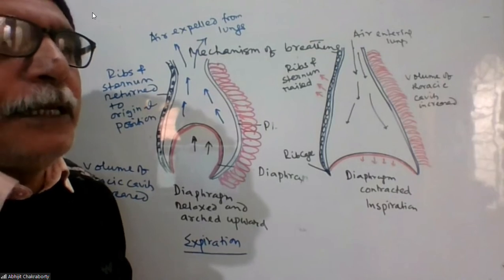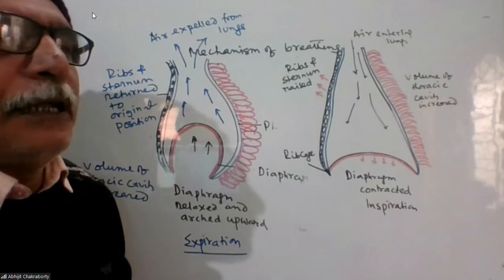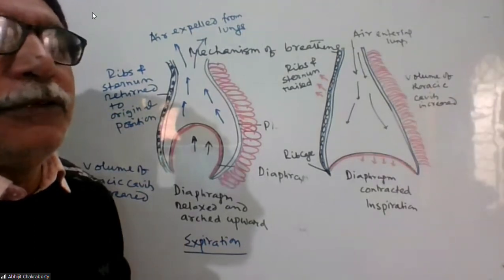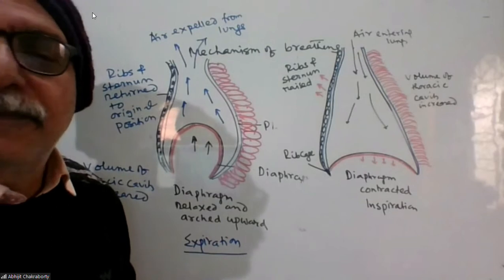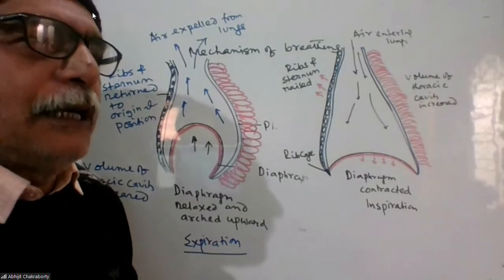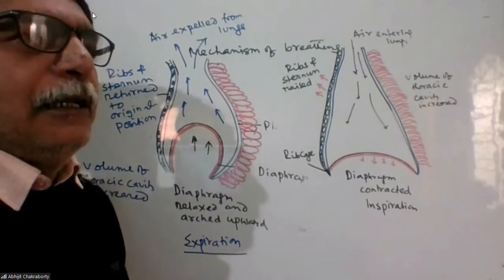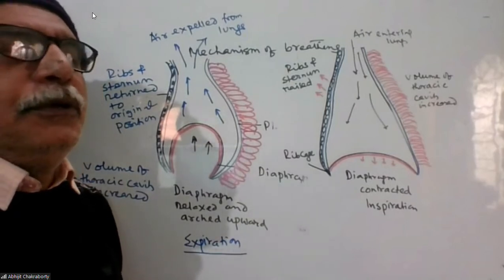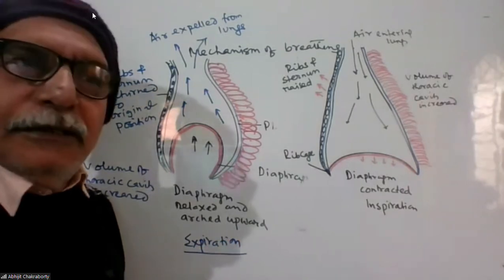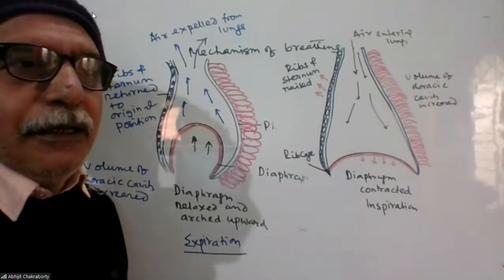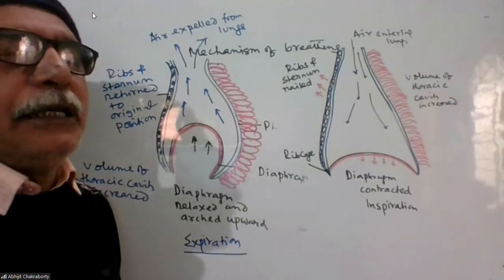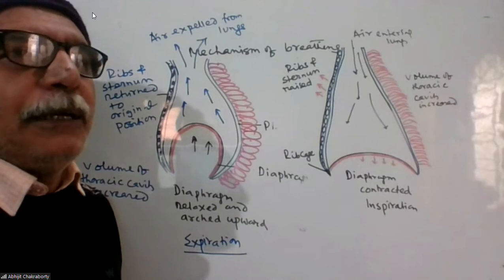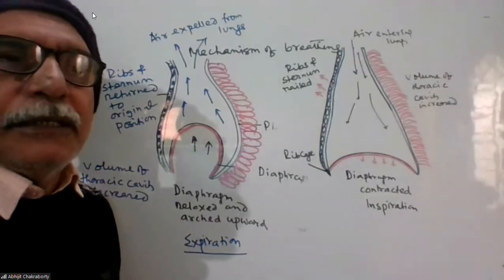In forceful expiration, the diaphragm, ribs and sternum are required to return to their original position quickly. To facilitate this quick return, the internal intercostal muscles contract.